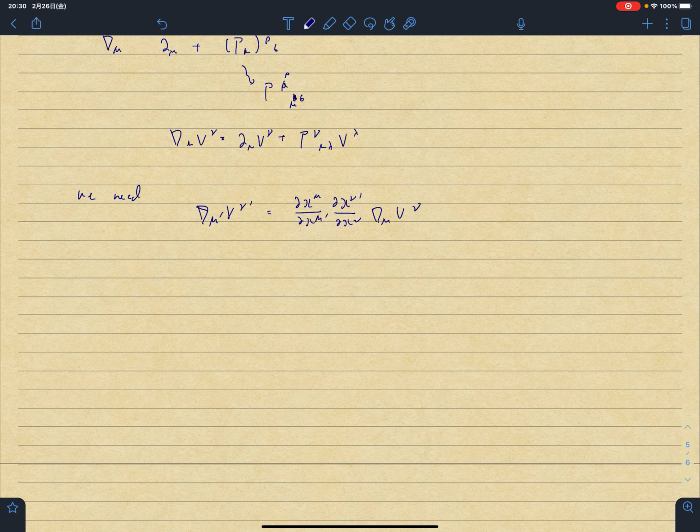So let's look at the left side first. We can expand it using the transformation rules for the parts we understand.